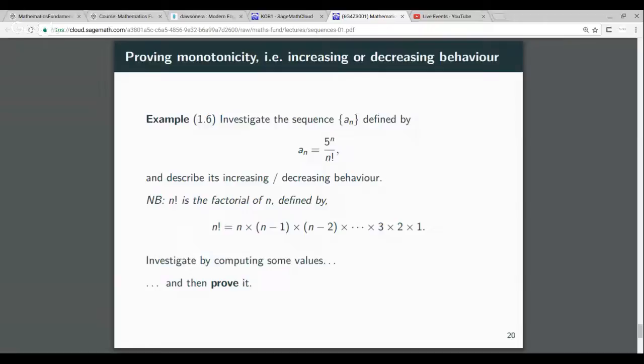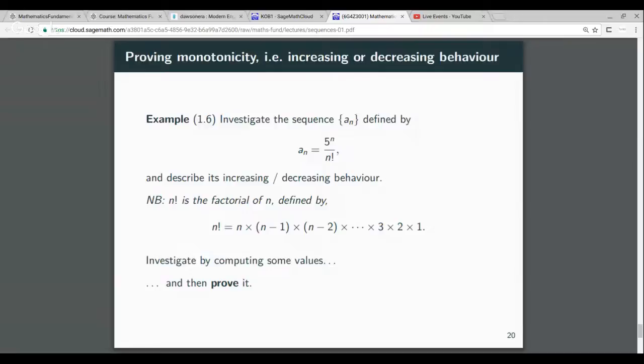Remember, what this quantity here is, this is a_{n+1} over a_n. It is greater than or equal to 1 or strictly less than 1 for the same conditions here.